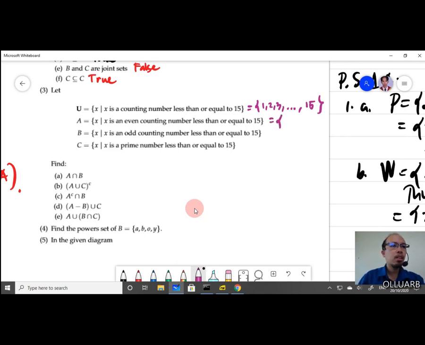So for letter A, the set of all x, even counting numbers less than or equal to 15. So even starts with 2, 4, 6 up to 14. Set of all x, odd counting numbers, so 1, 3, 5, and so on up to 15.